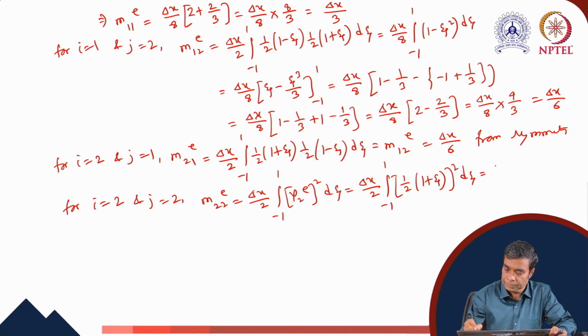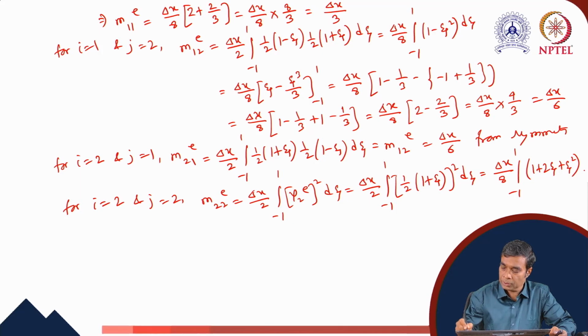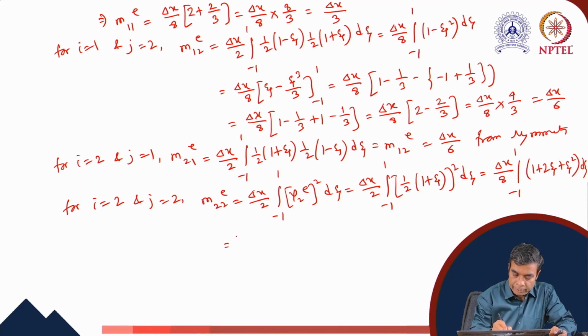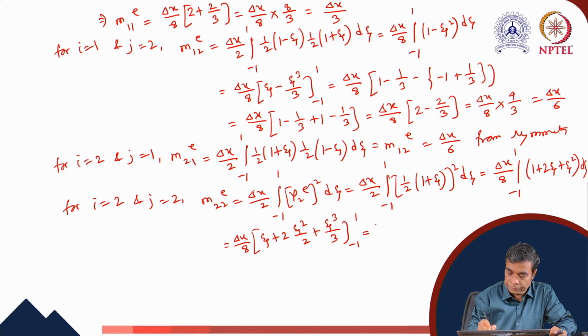So this is delta x by 8 integration minus 1 to 1 of 1 plus 2 xi plus xi square d xi. This gives us delta x by 8 into xi plus 2 into xi square by 2 plus xi cube by 3. The range is from minus 1 to 1.